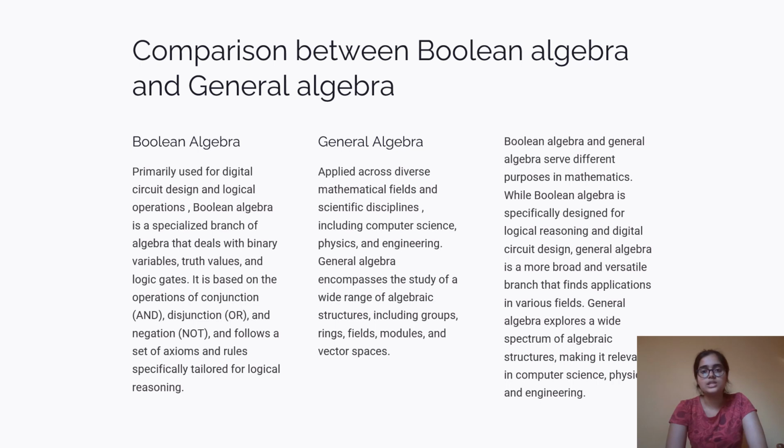While Boolean algebra is specifically designed for logical reasoning and digital circuit design, general algebra is a broader and more versatile branch that finds applications in various fields. General algebra explores a wide spectrum of algebraic structures, making it vital in computer science, physics, and engineering.